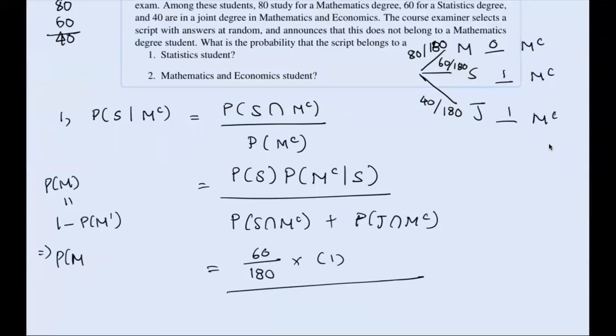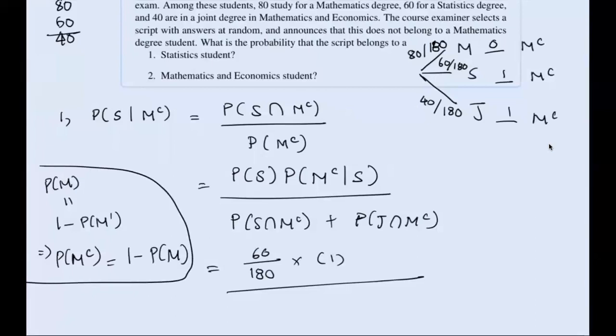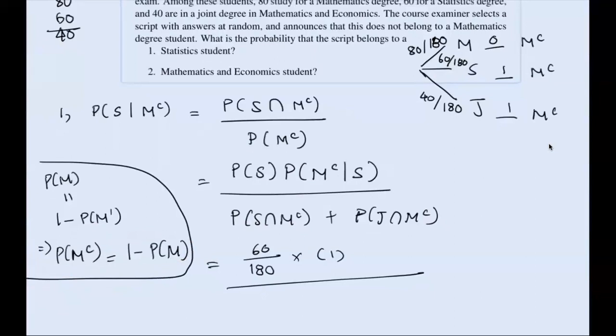So the probability of non-math is equal to 1 minus the probability of math. That also makes sense. So instead of calculating the denominator using this way, you can just use what the student says here, which is also correct.